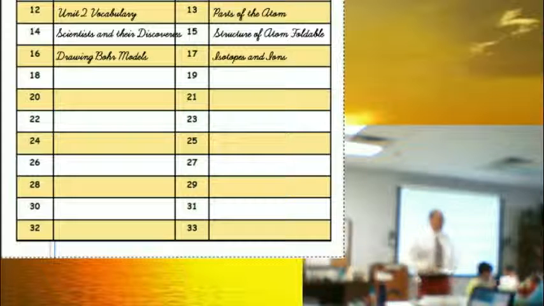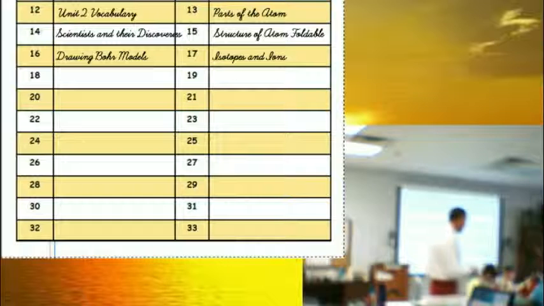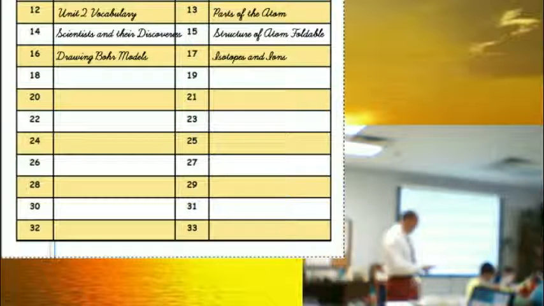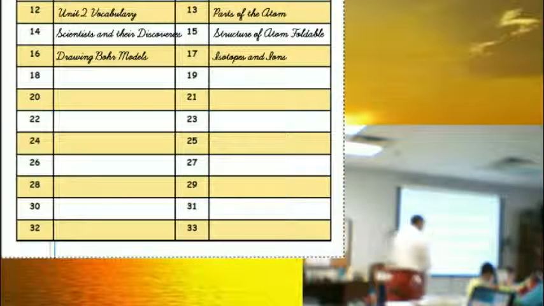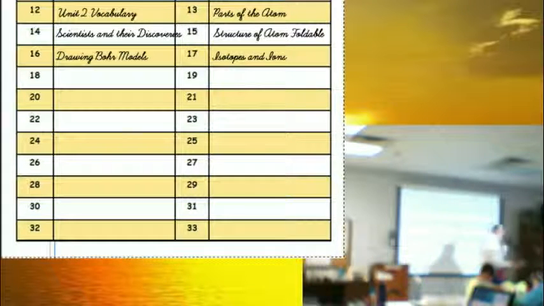Now, when you're looking at an atom, like the drawings on the front of your foldable, I want everybody to look at them. The top three little drawings of an atom are what are known as isotopes, and the bottom little atom is what is known as an ion.